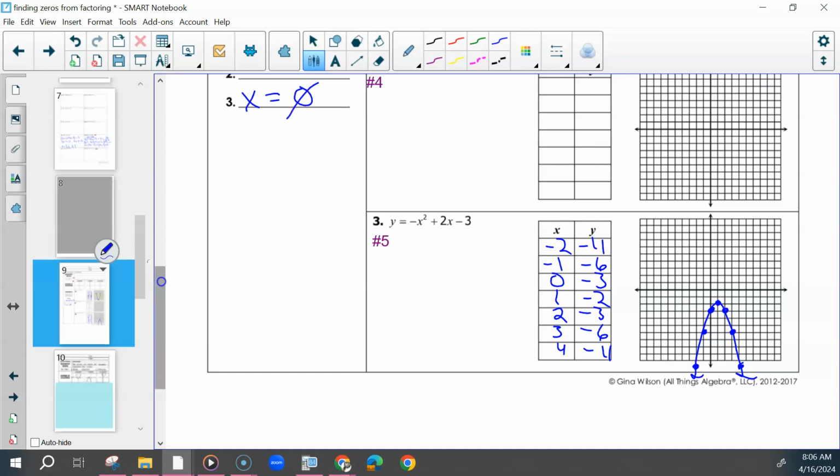We don't have any solutions. Go on to the very last page.